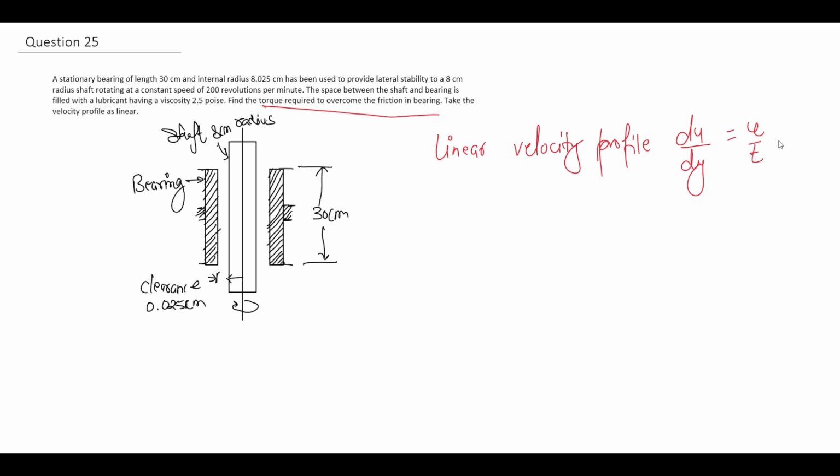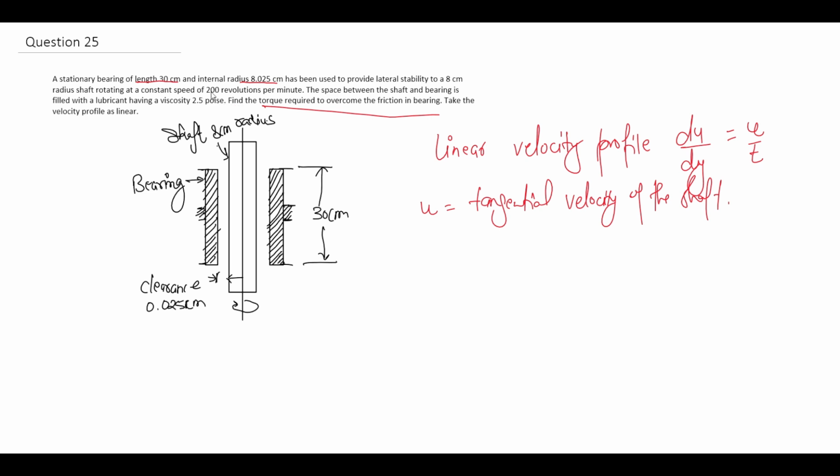Here, u is the tangential velocity of the shaft. This is the shaft, this is the length of the bearing, and this is the radius.